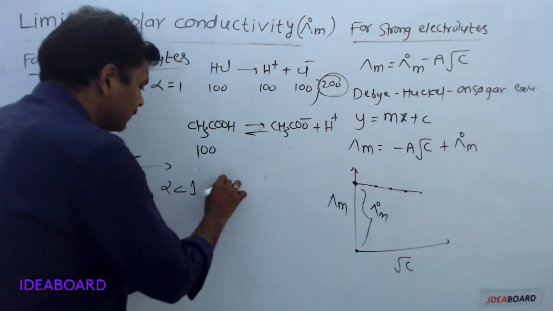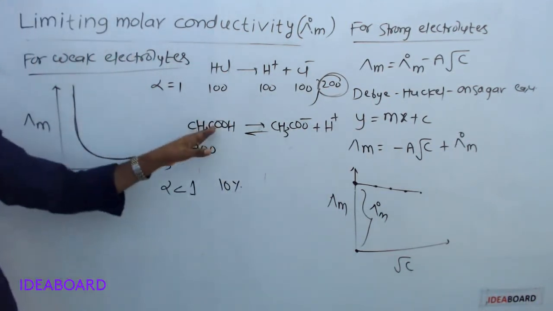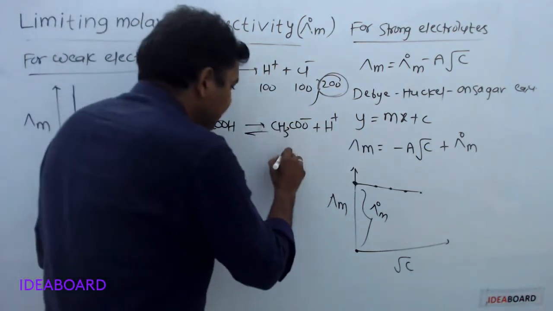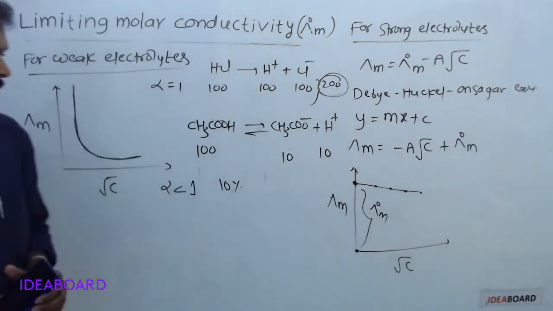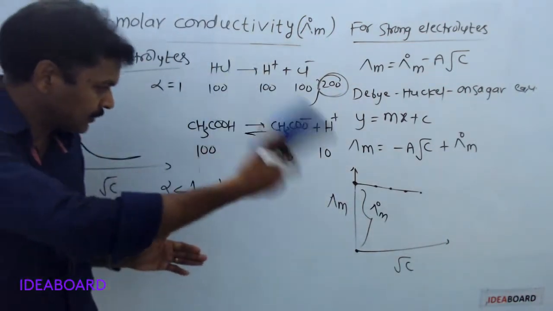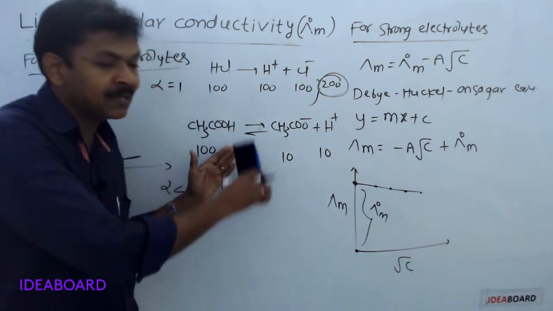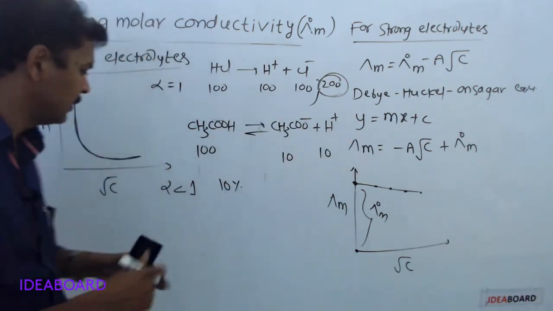Suppose it undergoes 10% dissociation. From that 100, only 10 acetic acid molecules undergo dissociation, then 10 acetate ions and 10 H plus ions.